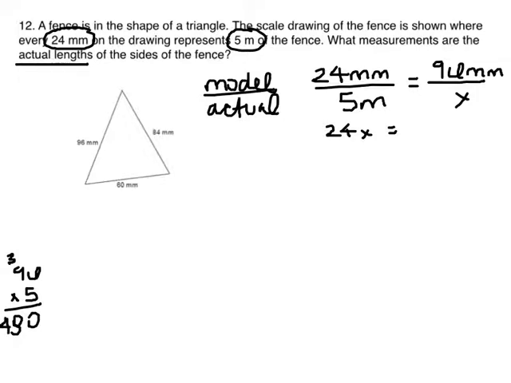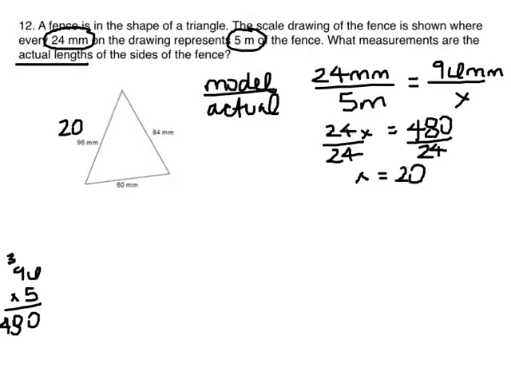So 480. Now if you divide both sides by 24, we know 48 is divisible by 24, and that's 2. And we do have to add our 0, so it's 20. So that is the one side that's here.